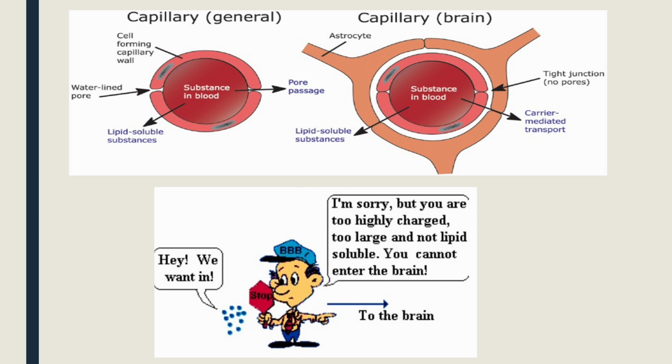These prevent large, charged, or non-lipid-soluble substances from passing into the brain. Instead, only lipid-soluble substances and small molecules can diffuse through the blood-brain barrier, okay? That's just something to keep in mind as we're talking about this. Drugs like succinylcholine cannot cross the blood-brain barrier because of its charge, its poor lipid solubility, and the size of the molecule, okay? That's why the effect is limited to the peripheral tissue.